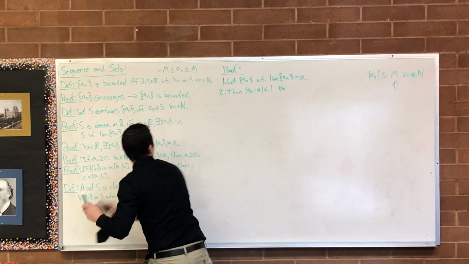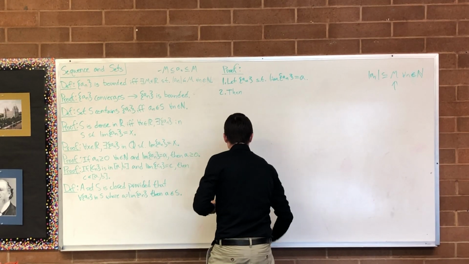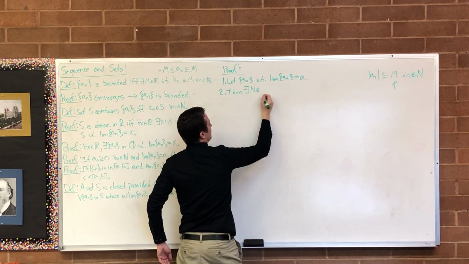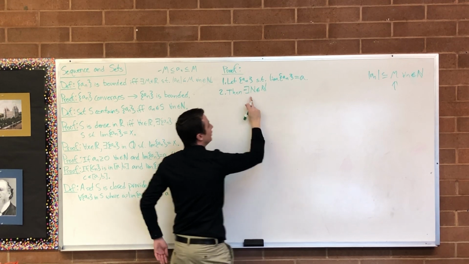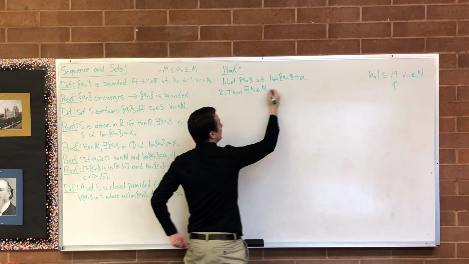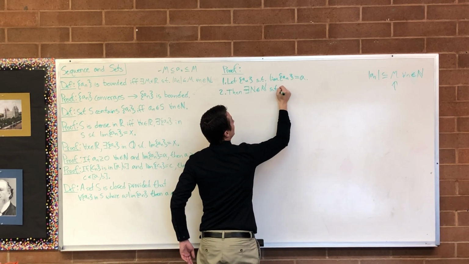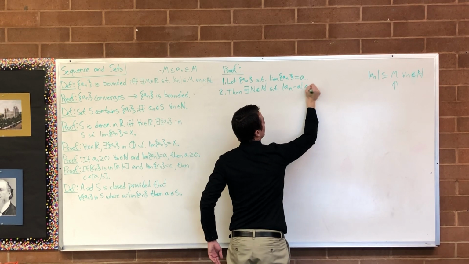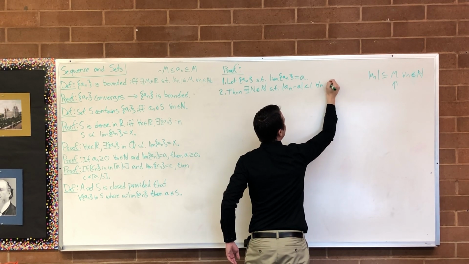I should say that there exists an N that makes this true, sorry. Then there exists some index in the sequence such that from that point onwards, this absolute value is less than 1.